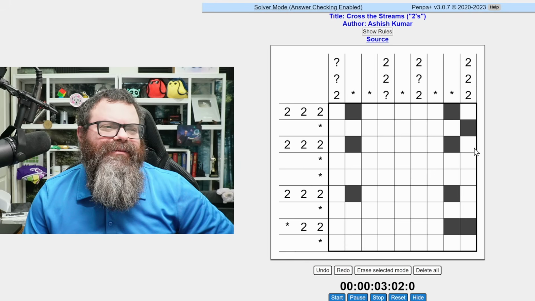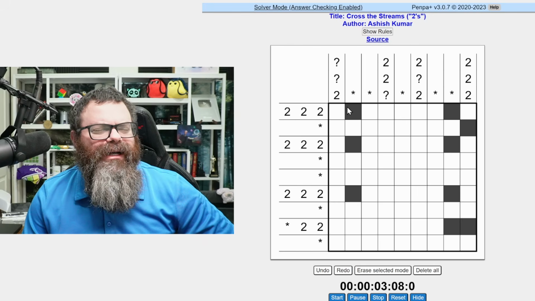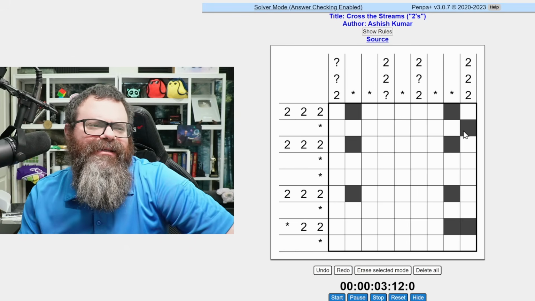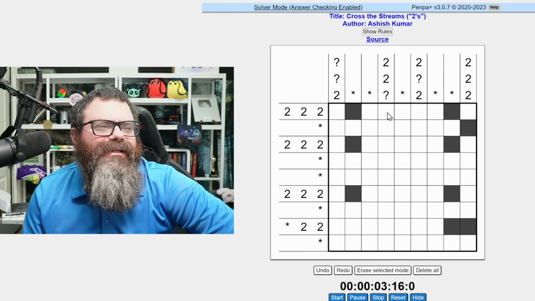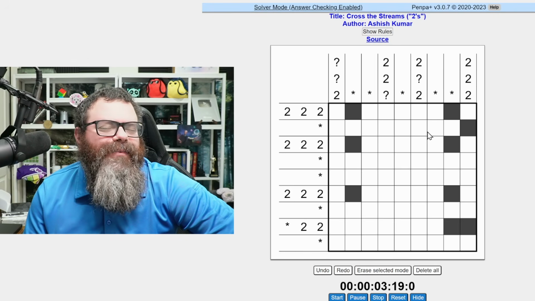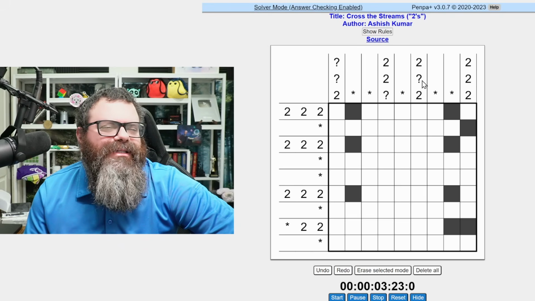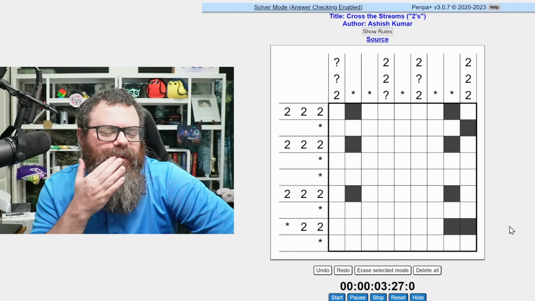Okay. Do I have anything else? Wow. I mean, we have connectivity. We need to make sure we're all connected. So that's something to think about. But these stars seem to give a lot of opportunity to do that. This starts and ends with a 2 with something in the middle. This has two 2's with something at the end.